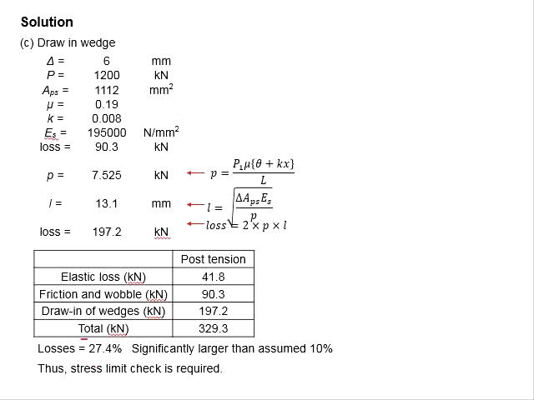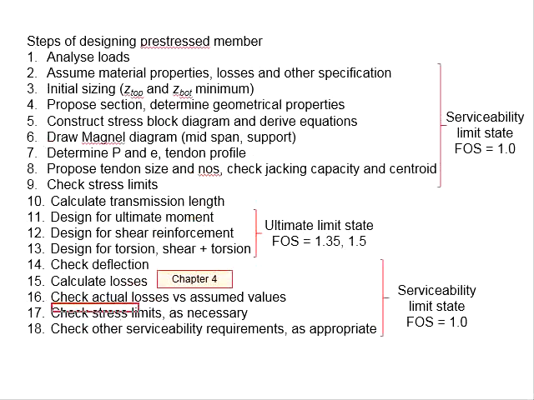You will need to use the exact losses here to redo the stress limit check again in order to confirm the section passes. This is a very significant process which you cannot omit when the actual losses are very significantly different from the assumed value.